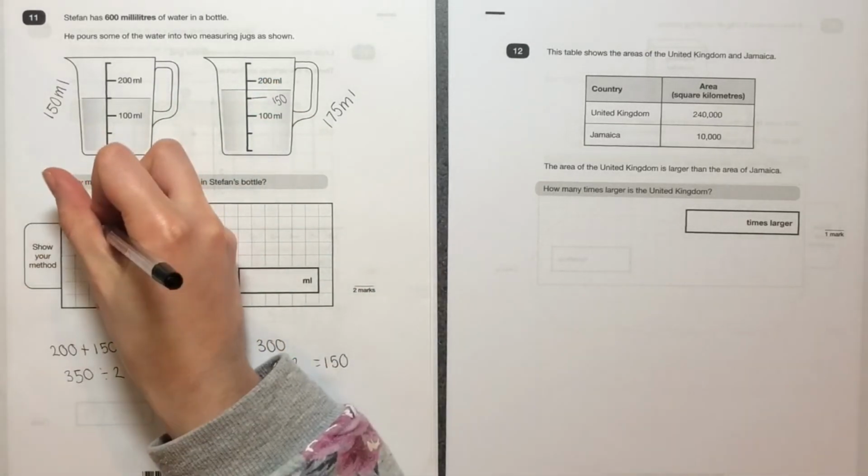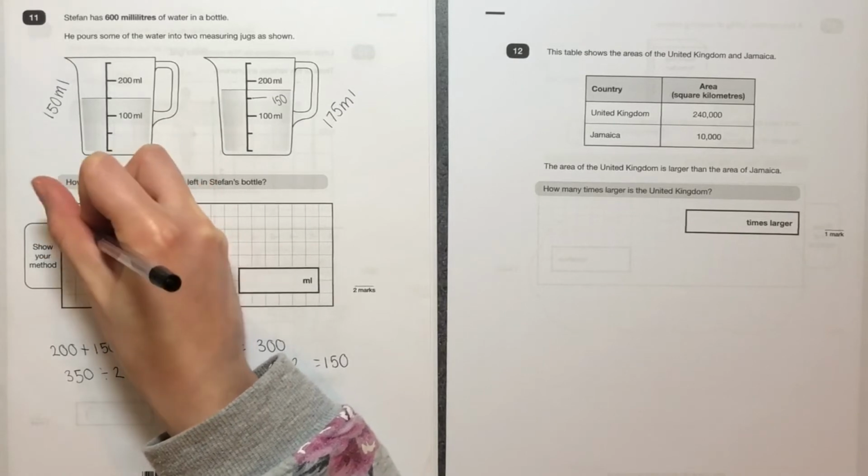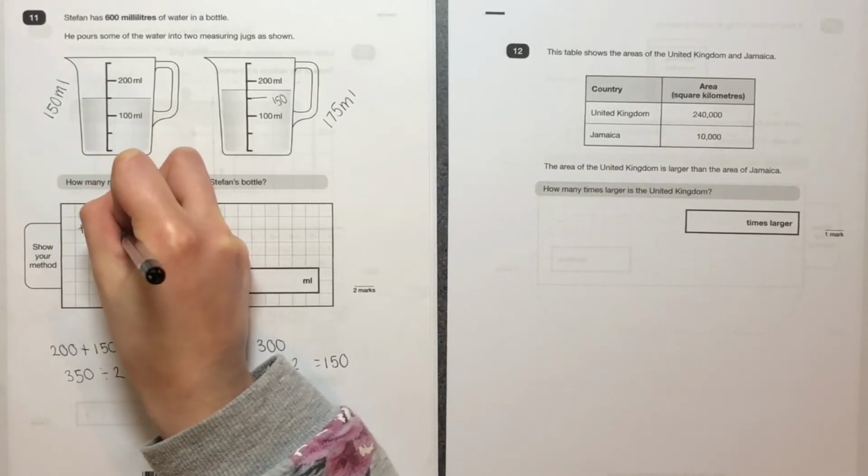Now our question was, how many millilitres of water are left in Stephen's bottle? So if we add these two together and take it away from 600, we get our answer. 150 plus 175.